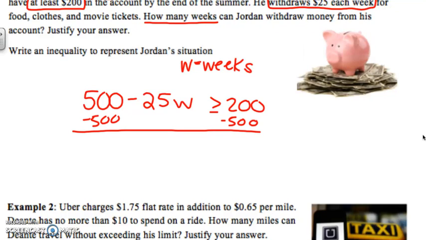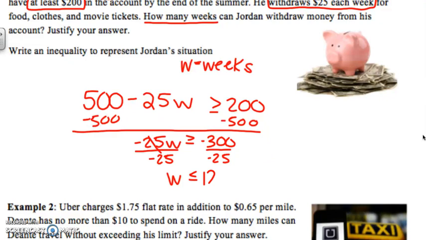I would get negative 25W is greater than or equal to negative 300. I would divide by a negative 25. And remember, when you divide by a negative, you still have to flip your inequality sign, and you would get 12. All right, so W is less than or equal to 12.